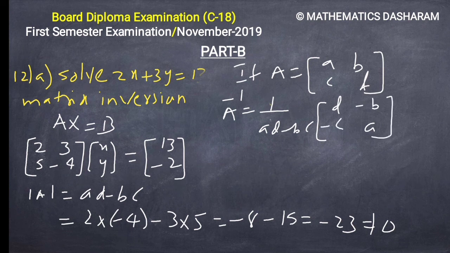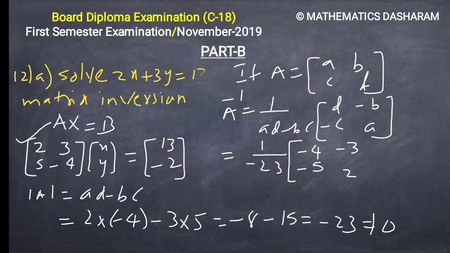So this is a direct formula for A inverse. 1 by AD minus BC we already computed, that is minus 23. Next, interchange the diagonal elements in matrix A, so minus 4, here 2, and change the sign for the other two elements. So this is the A inverse answer.